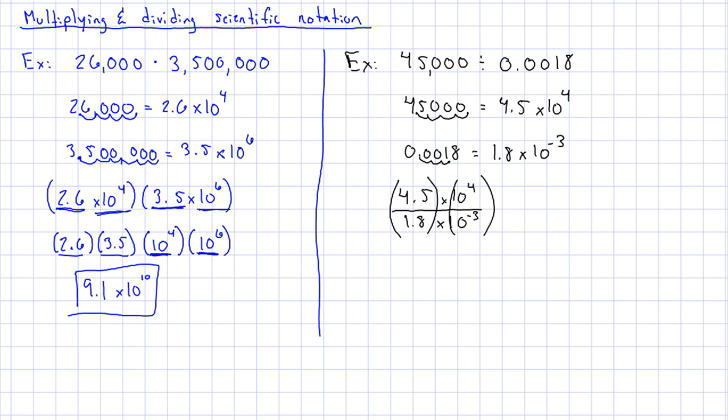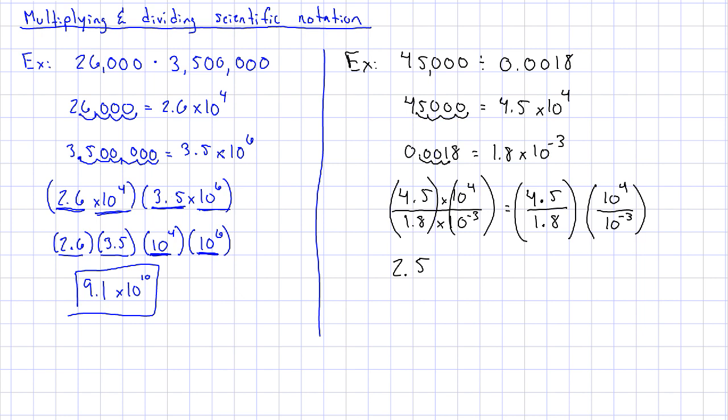So I can consider this to be 4.5 divided by 1.8 times 10 to the 4th divided by 10 to the 3rd. So 4.5 divided by 1.8, I'll use my calculator for that, it's actually 2.5.